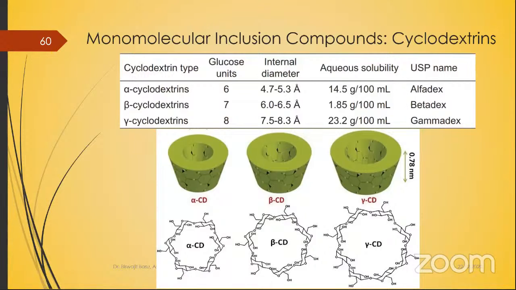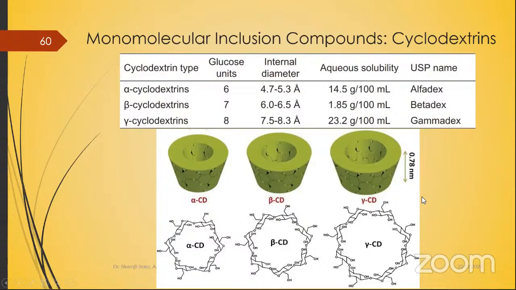In the market they are available as alpha dex, beta dex, and gamma dex. The total height is 0.78 nanometer. So that is a very good complexing agent.